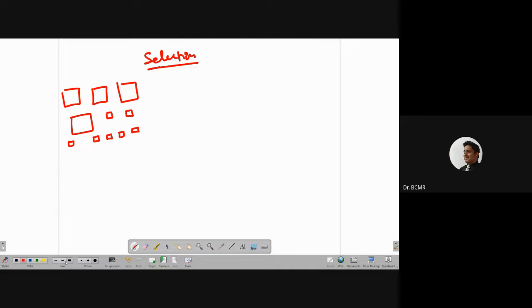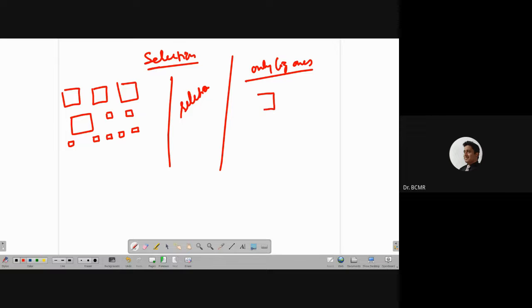Now I need to have a way of selection, and the selection is that I want only the big ones here. Then you would have to do one procedure, one activity, because of which you will get only the big squares, and you would have gotten rid of all the small ones.